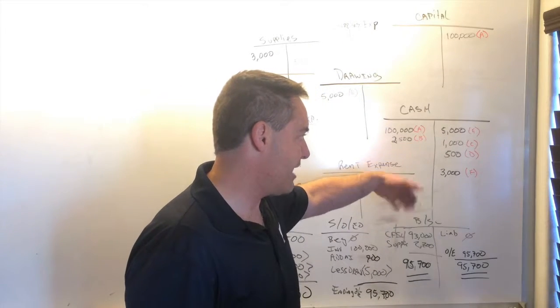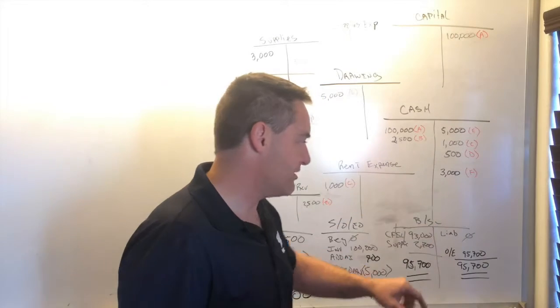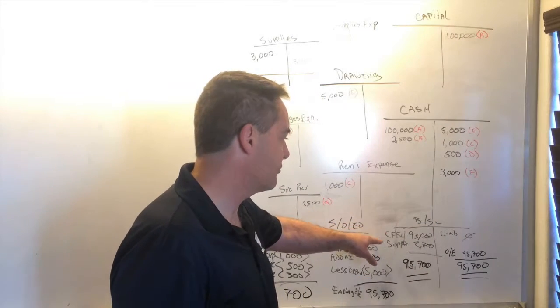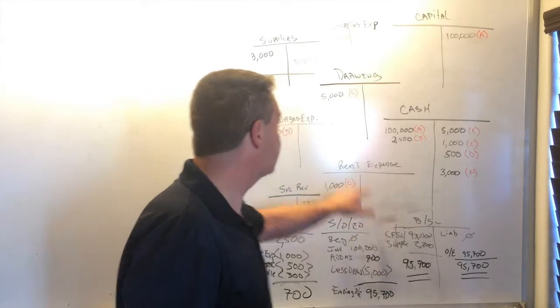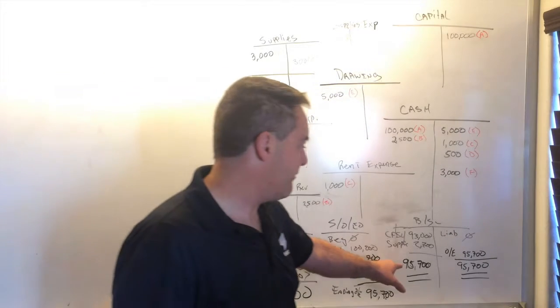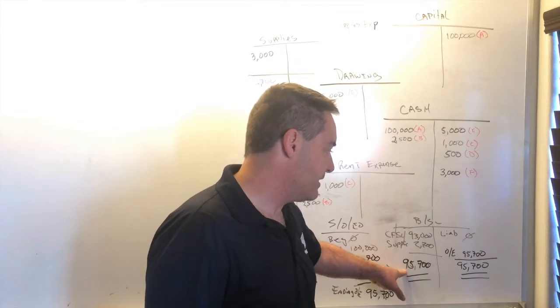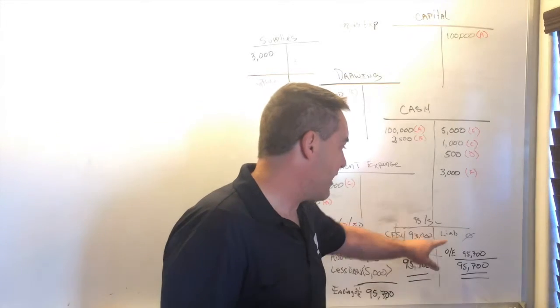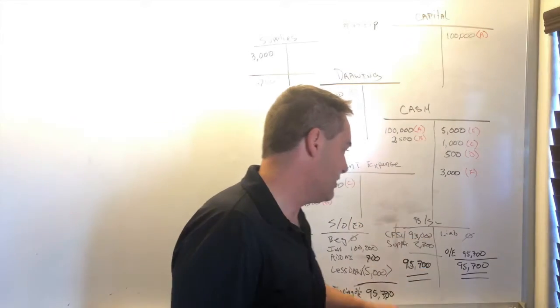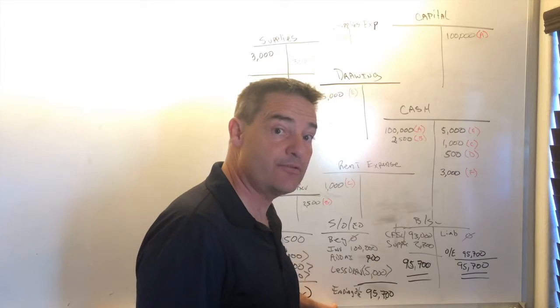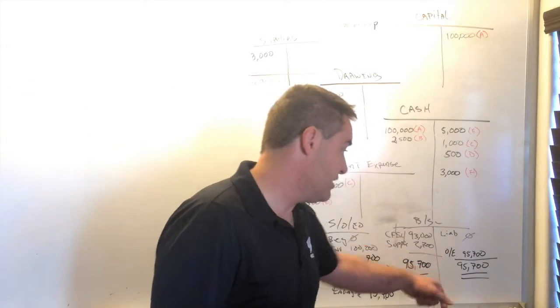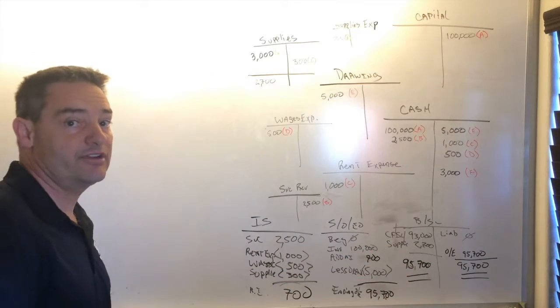If you add up the debits over here and subtract out the credits, you'll find $93,000 worth of cash. Supplies is $2,700. So I have $95,700 worth of assets on the left. I have no liabilities, and owner's equity is just pulled from the owner's equity statement. So I have $95,700 on both sides of the balance sheet.